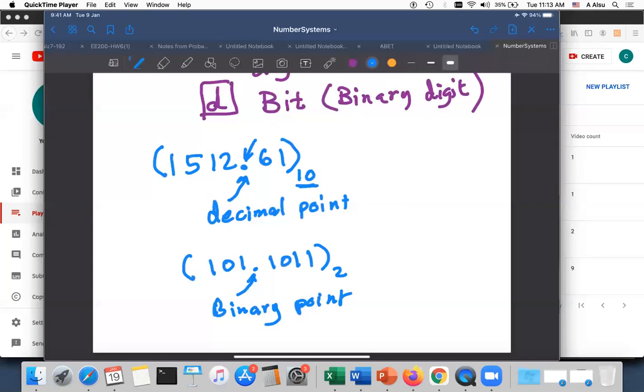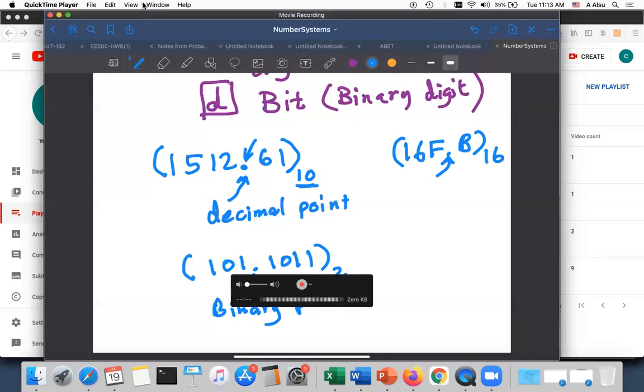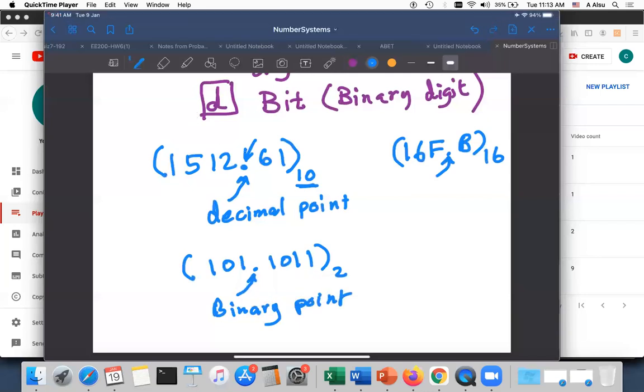So what do we call this one here? Hexadecimal point. Can you raise your mic volume, please? Because I can't hear you. Hexadecimal point. Excellent. Yeah, it's a hex point.